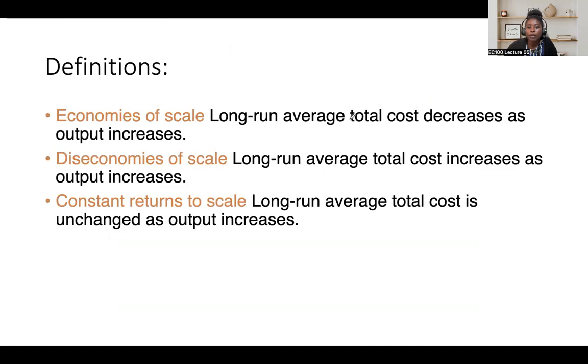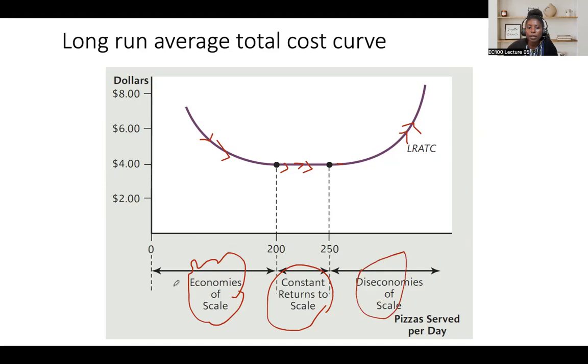When you have long-run average total cost decreasing, as output is increasing, costs are supposed to decrease. That is good. What this means is that if you want to double your output, let's say you're producing 100 units, this is your total output, and you want to double it.